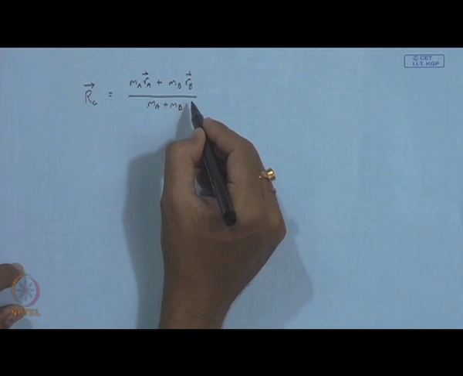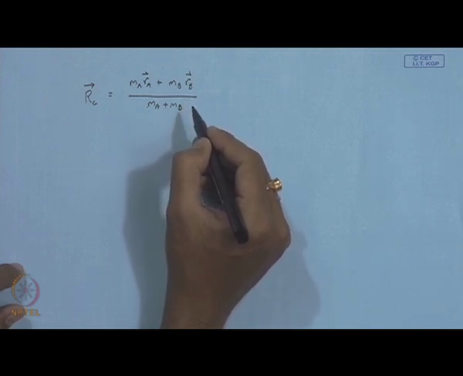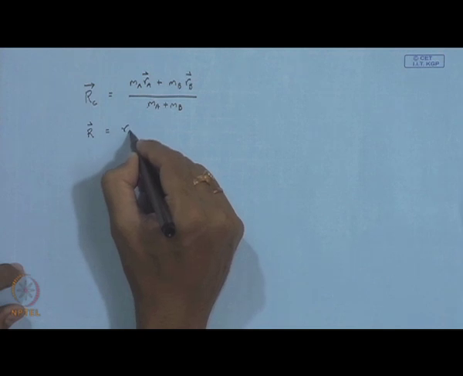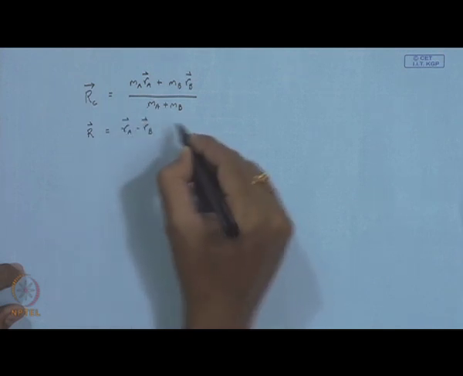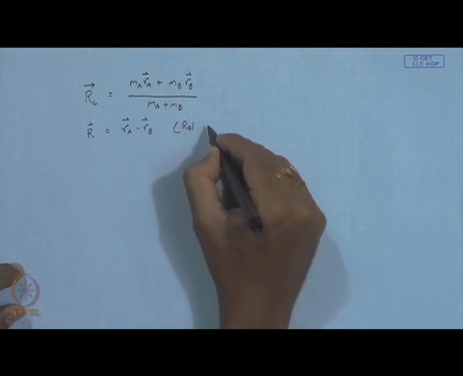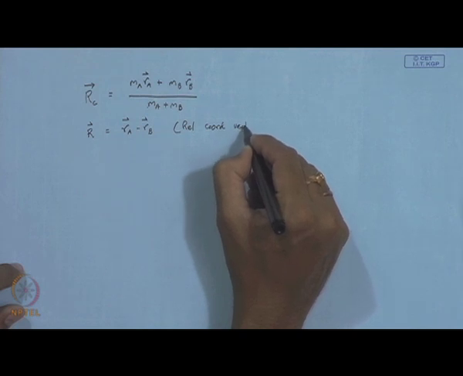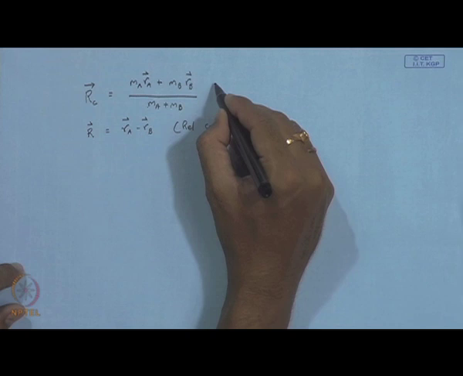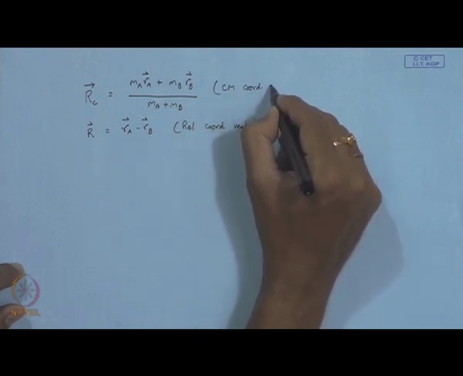The relative coordinate vector r is r_A minus r_B. It is the relative coordinate vector, and the other is the center of mass coordinate vector.